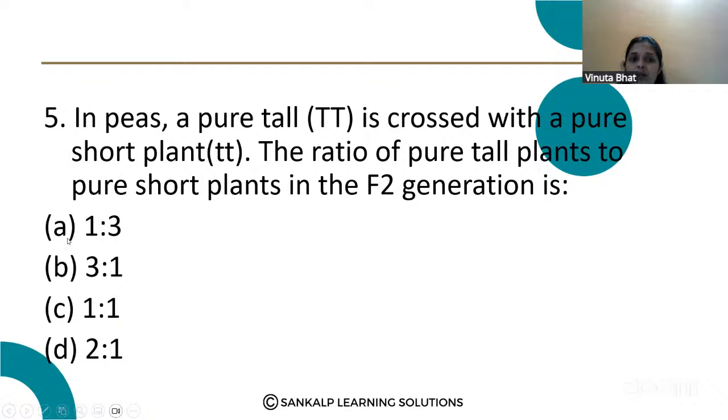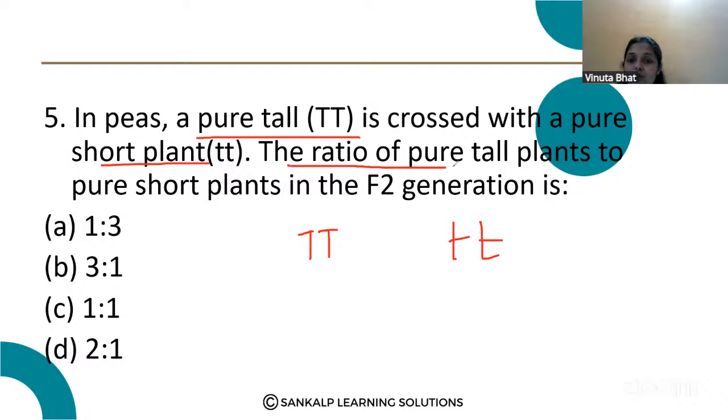Next one. In peas, a pure tall plant is crossed with a pure short plant. The ratio of the pure tall plants to the pure short plants in the F2 generation is: a pure tall plant, capital T, is crossed with a pure short plant, small t.